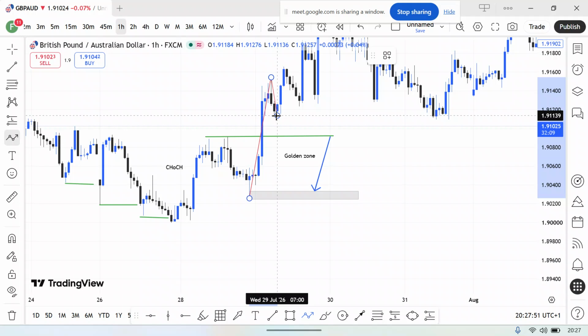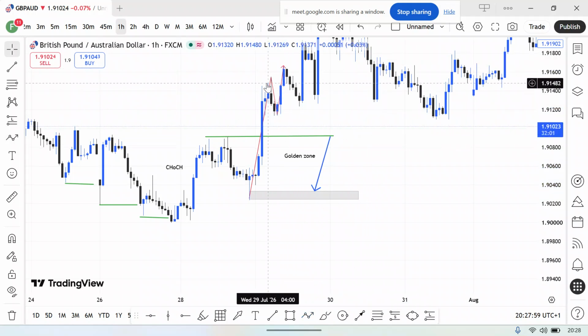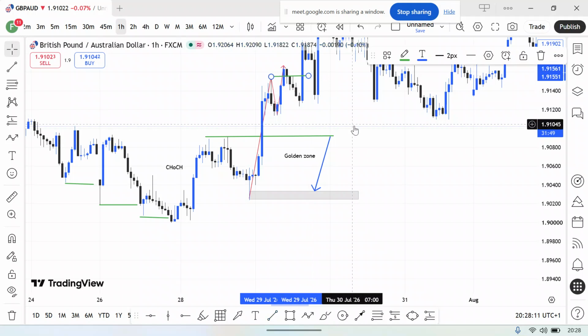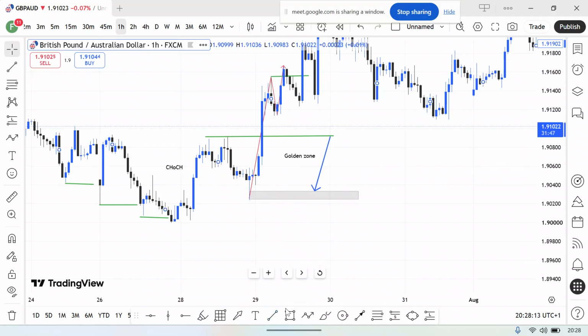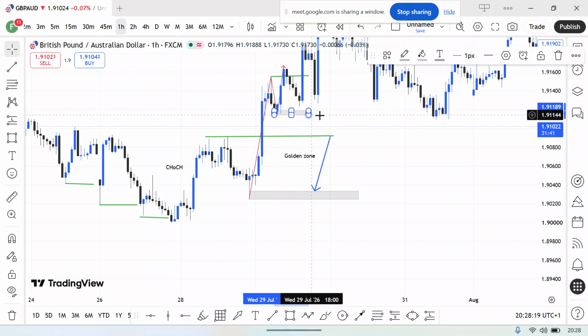Now, we had a break at this point. This is our new swing low. And what happened? We had a break of structure, right? Can you see that? This is a break of structure here. And what do we do? We now move our break of structure line to this point and we take it across. And then we take our hash box up to this point and we also take it across.